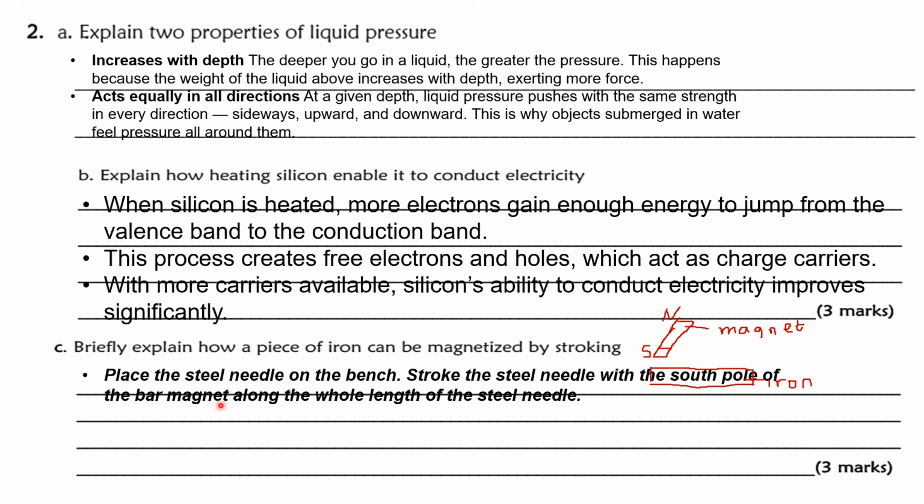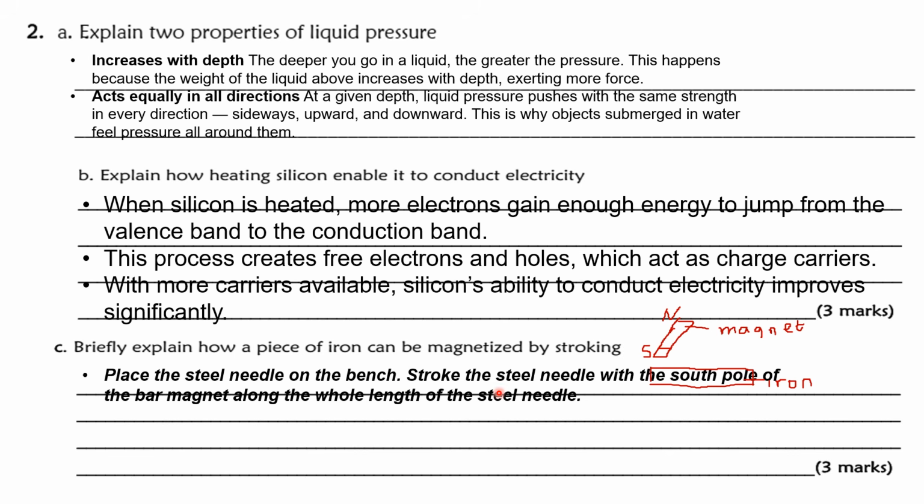This is a magnet along the whole length of the needle. So hit, stroke this, let it touch and move it up to there. And keep repeating this, touching, stroking.